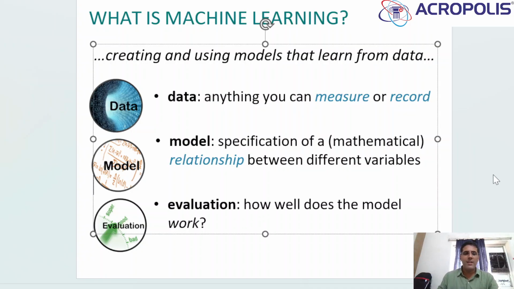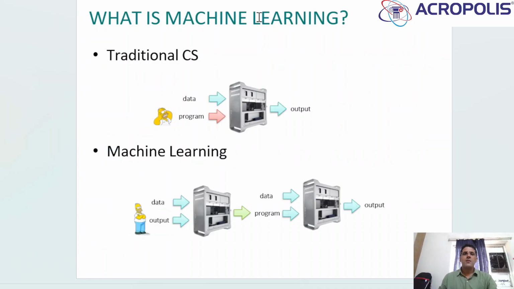And how will you evaluate that your model is performing well? It depends on a number of parameters, how well it is suited, or how well this model works. Typically we have a pictorial representation of machine learning: traditional CS and machine learning. In traditional computer science, we deal with data as well as the program that needs to be fed into the system, and we get the output.